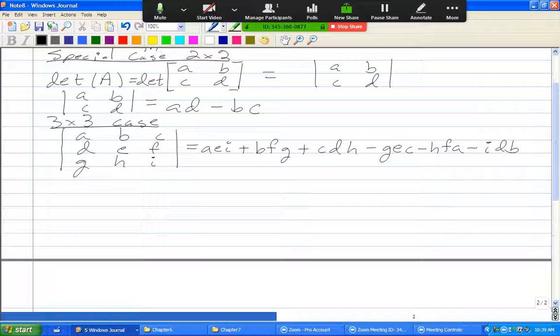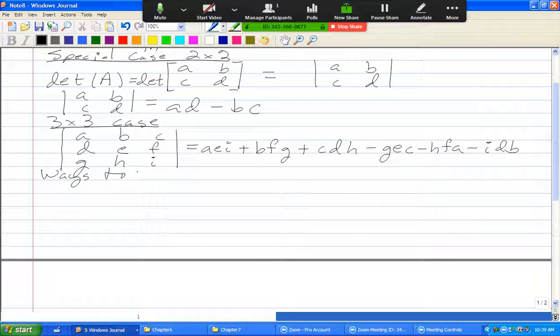Now, I can give you some ways to remember this, for the 2 by 2 and 3 by 3 cases. Please note these only work for 2 by 2 and 3 by 3 cases. So you would multiply, keep the same sign, multiply this way, subtract. And that's how you get this formula.